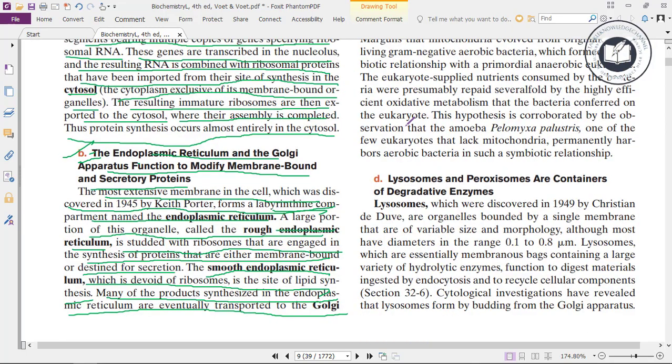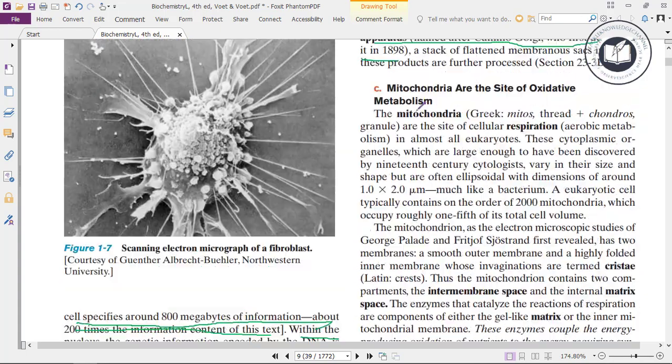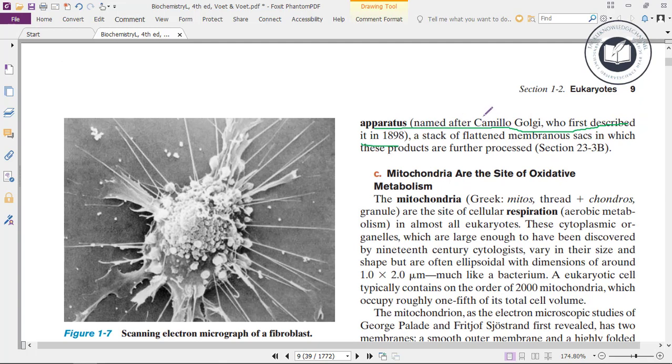Camillo Golgi, the scientist, discovered this Golgi apparatus for the first time in 1898. It is a stack of flattened membranous sacs in which these products are further processed.